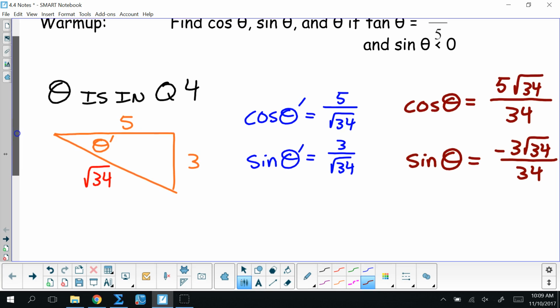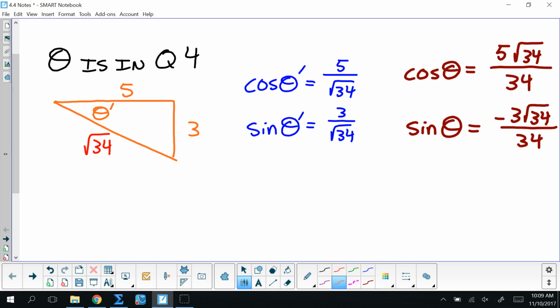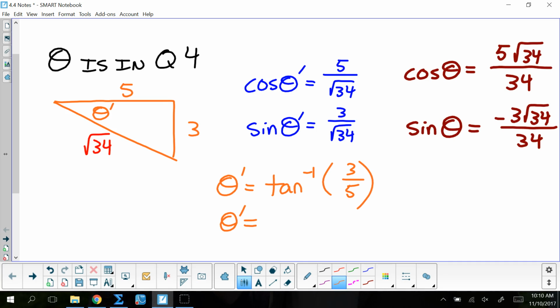Now I just need to find my actual theta. The reference angle here is the inverse tangent of 3/5, which, on the calculator, inverse tangent of 3 divided by 5, gives me 30.964 degrees, or 0.540 radians.